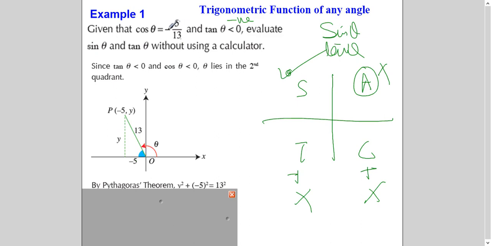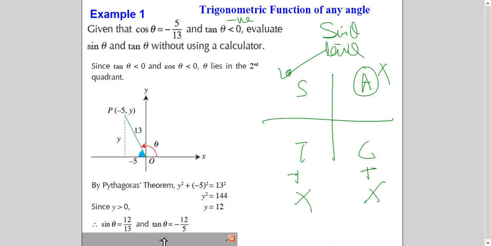So that's why this negative minus 5 came along here. Now with the help of Pythagoras theorem, you can find out y, which is 12. And now to answer sine theta, you will say y over 13, and y is 12. So 12 over 13. And tangent is 12 over minus 5.